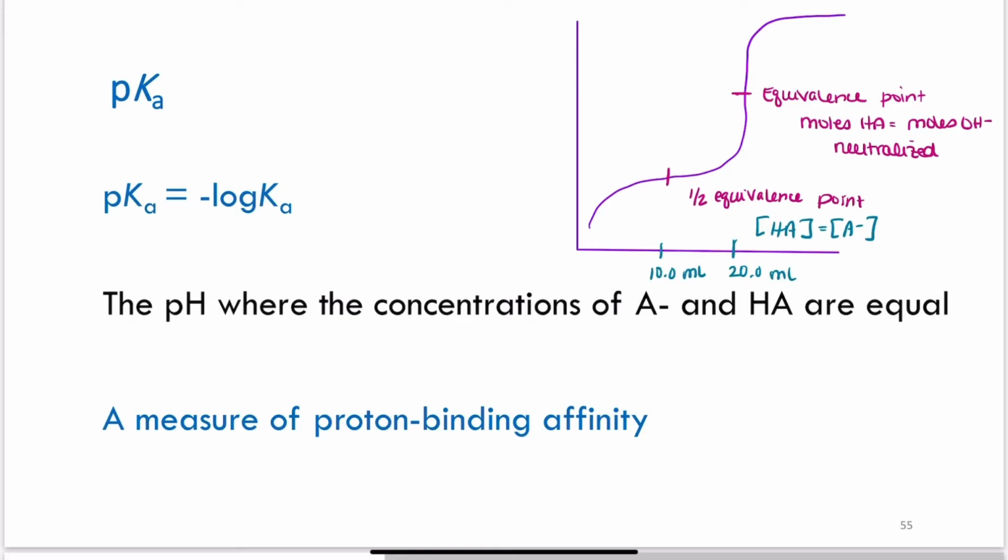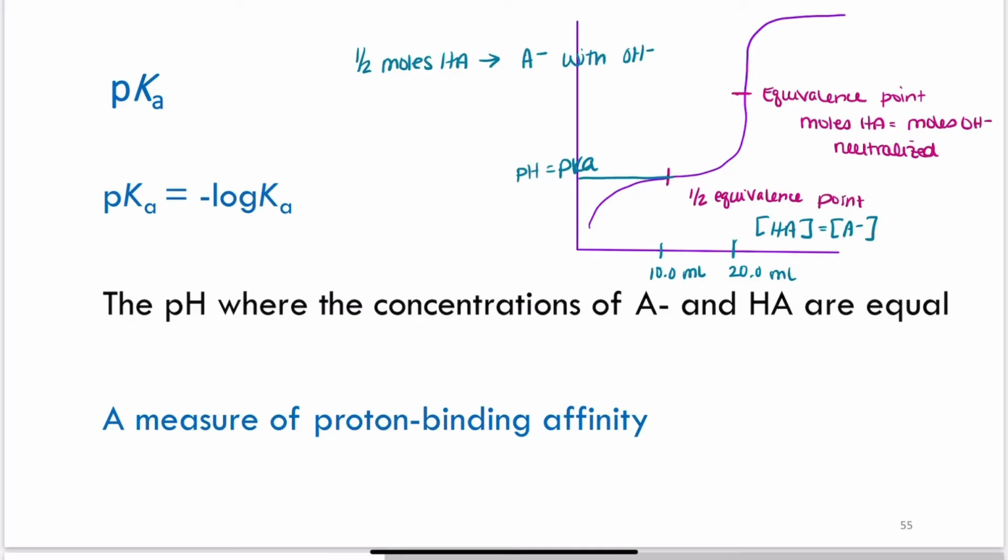Well, at the half equivalence point, half of the moles of HA have been converted to A- with the addition of OH minus. And they're all in the same solution. So at that point, the concentration of HA is equal to the concentration of A-. They are present in equal molar amounts. At this point, your pH equals your pKa.